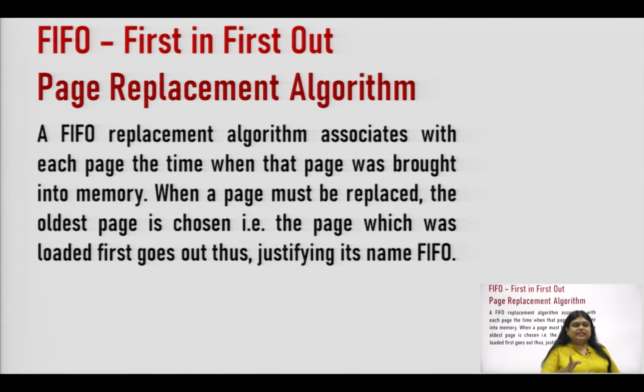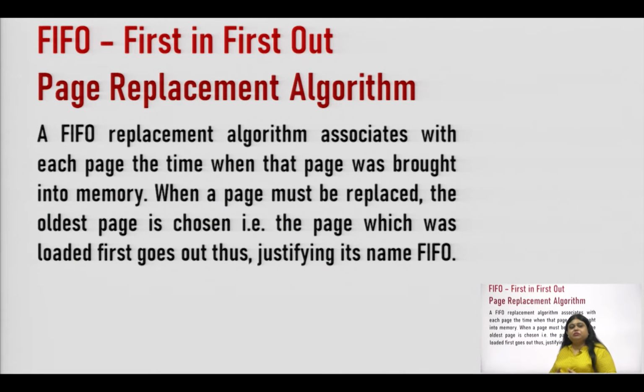As the definition says, a FIFO replacement algorithm associates with each page the time when the page was brought into the memory. So, the basic difference between FIFO and other page replacement algorithms is that in FIFO, when the page is coming inside the main memory, it has a time attached with it. This time tells you how old the page is, right.